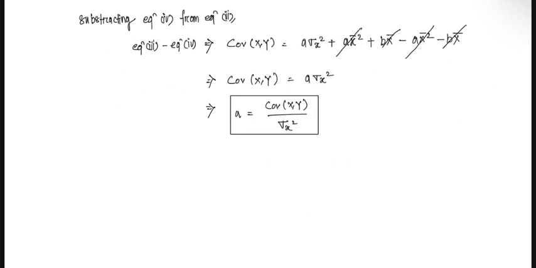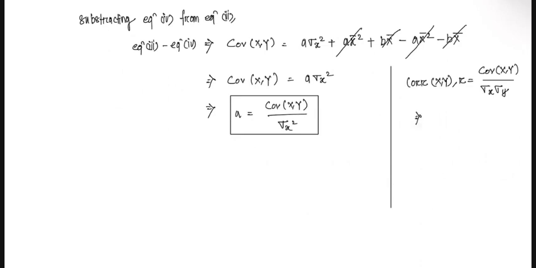Okay. So if you remember, the correlation of x and y, represented by r, is nothing but the covariance of x comma y by sigma x and sigma y.